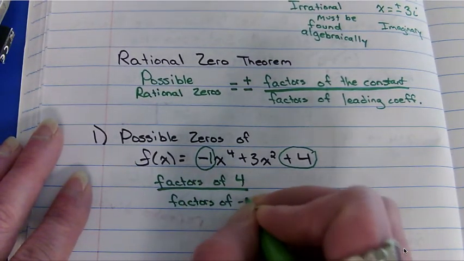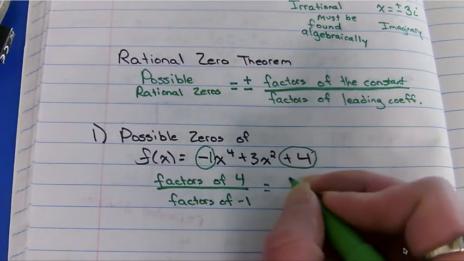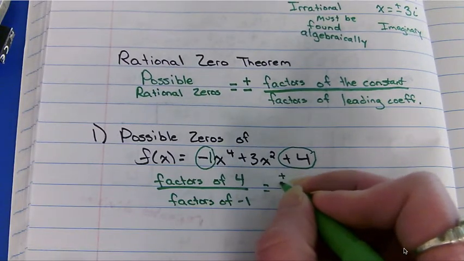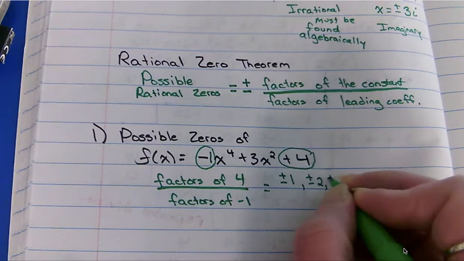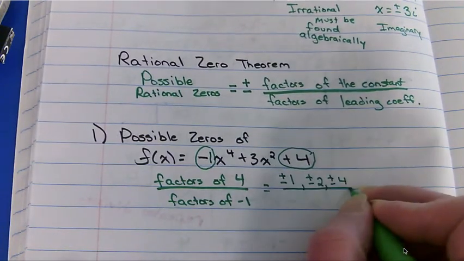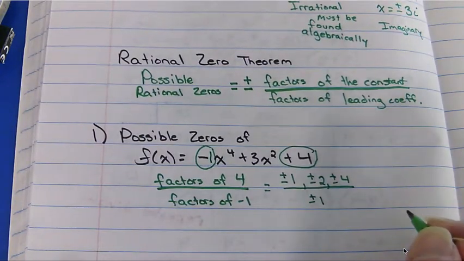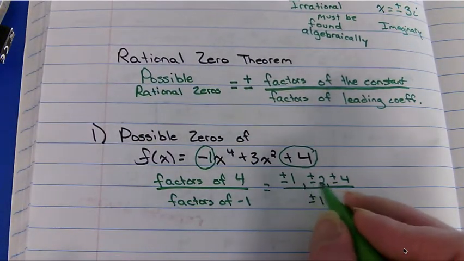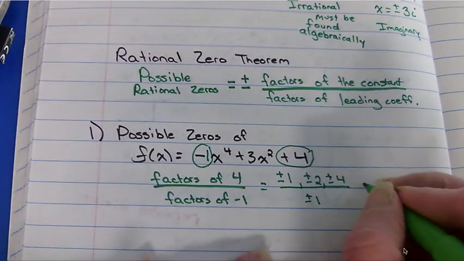And each of those could be positive or negative. So factors of 4 would be positive or negative 1, positive or negative 2, positive or negative 4. And the factors of negative 1 are just positive or negative 1. So I'm going to take each of those factors of 4 and divide them by the factors of 1 or negative 1.